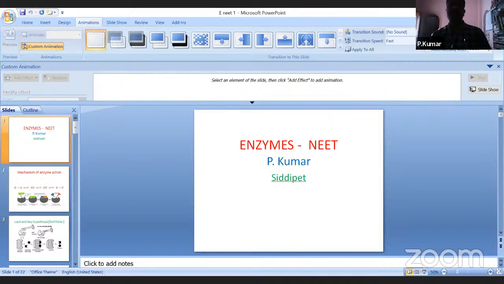And then the reaction rate is P by T, given per unit time, how much product is formed by the reaction. We already completed that the reaction is slow in the absence of enzymes. In the presence of enzymes, the reaction is very fast. So today we are discussing the mechanism of enzyme action.